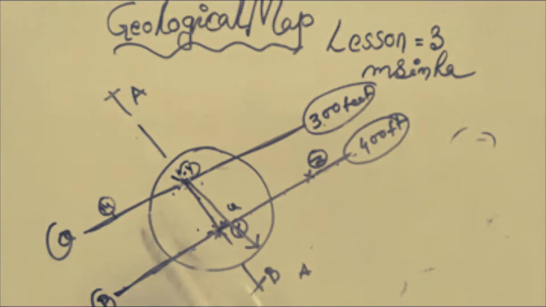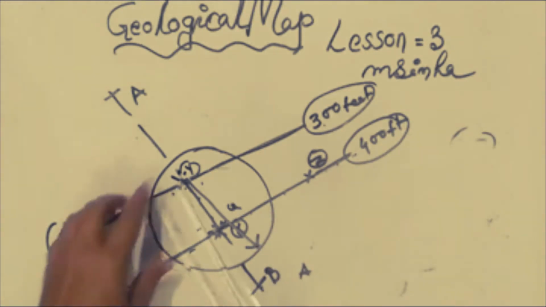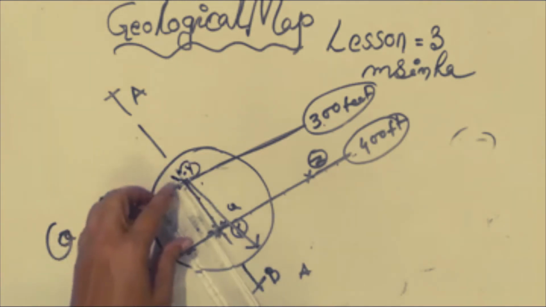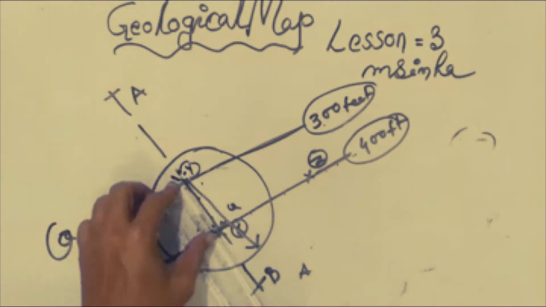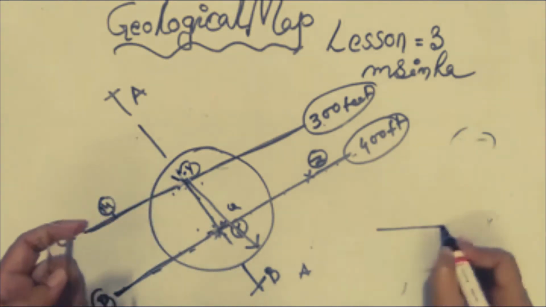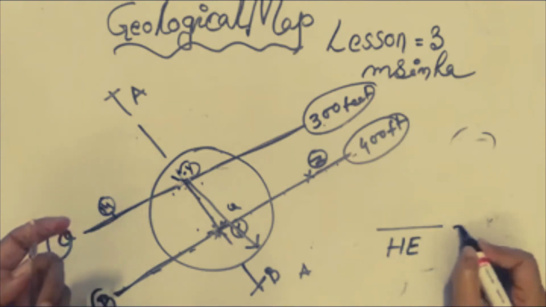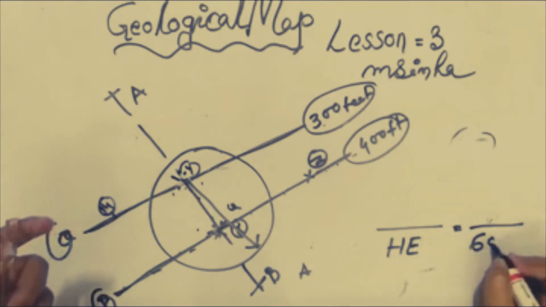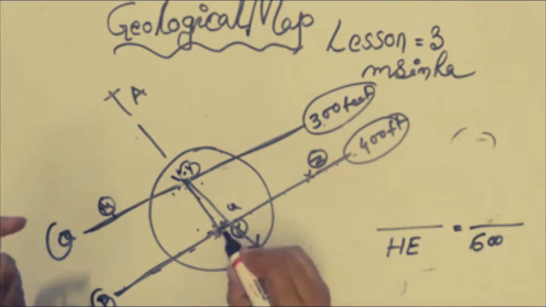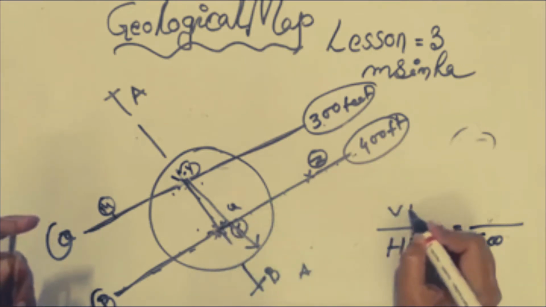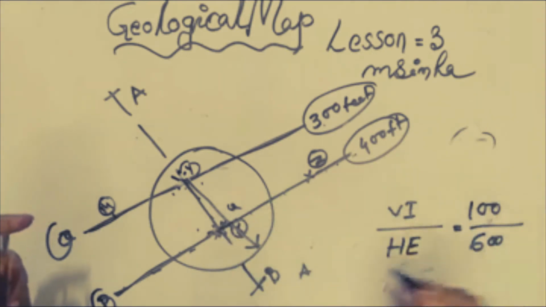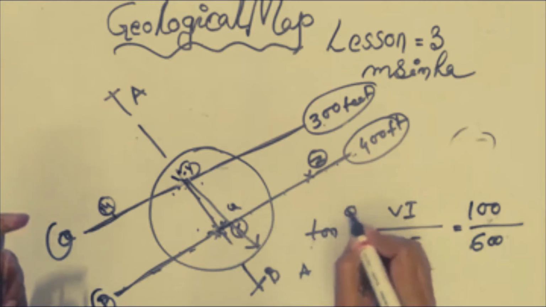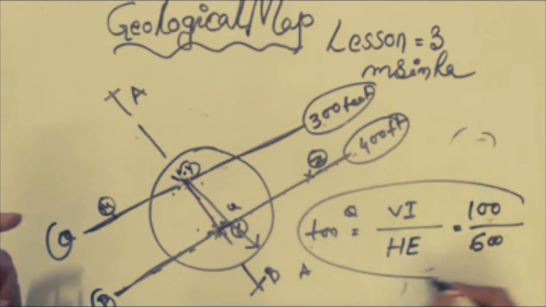With calculation you can also identify the dip, because you can put a scale here, and according to the map scale you can convert the linear distance into horizontal equivalent. Suppose this horizontal equivalent is 600 feet, and you know the vertical interval is 100 feet. Then you can take tan inverse and get the value of the true dip.